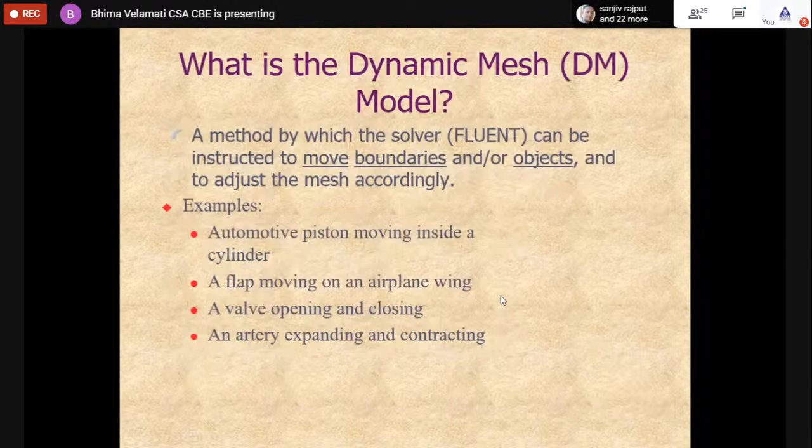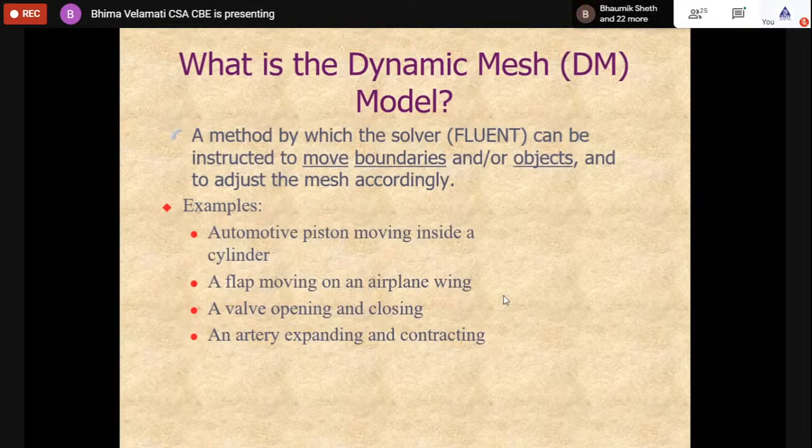So then the last one, which is normally available in most of the works which I have taken from Fluent, is the dynamic mesh model. People use different names. Primarily, in the dynamic mesh model you have one of the boundaries moving, like your piston cylinder arrangement.